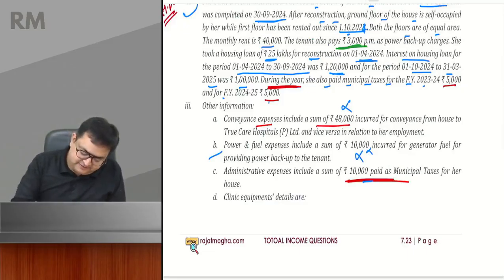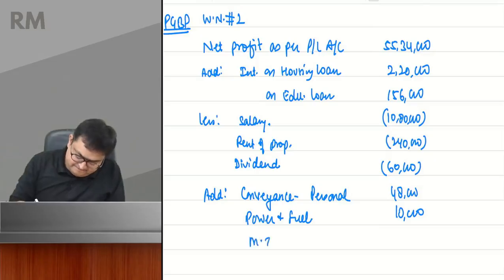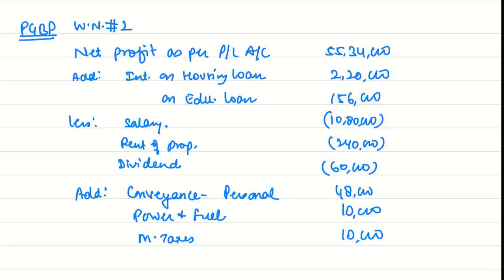Municipal taxes, 10,000 you will add back. Have you all done this till here? Very good.